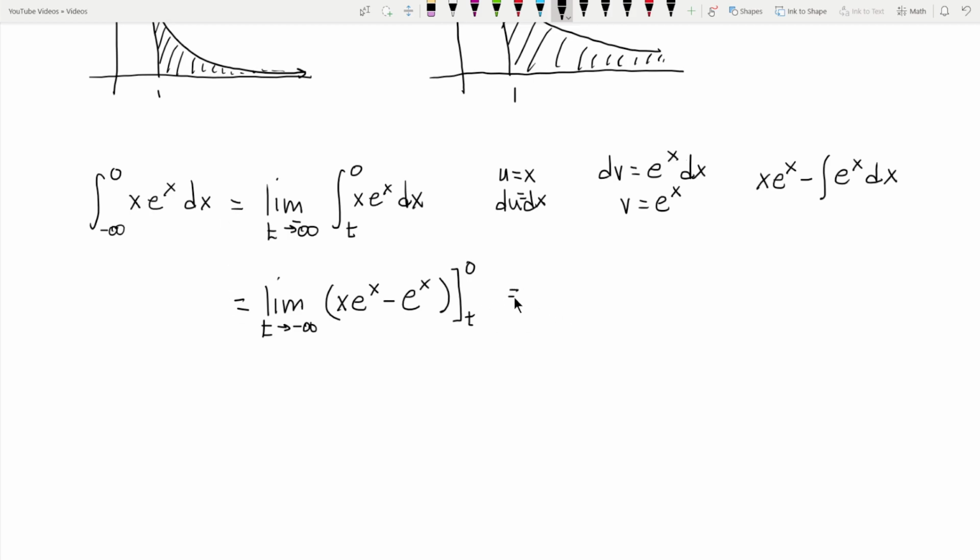And so we get here, let's see, the limit as t goes to negative infinity. All right, so 0 is going to give me 0 e to the 0, so that's 0. And e to the 0 is 1, so that's going to give me minus 1 minus t e to the t minus e to the t.